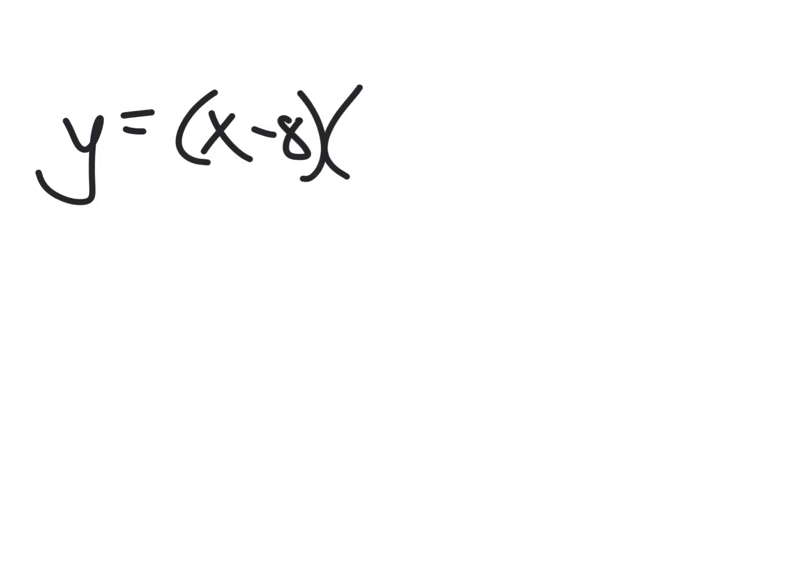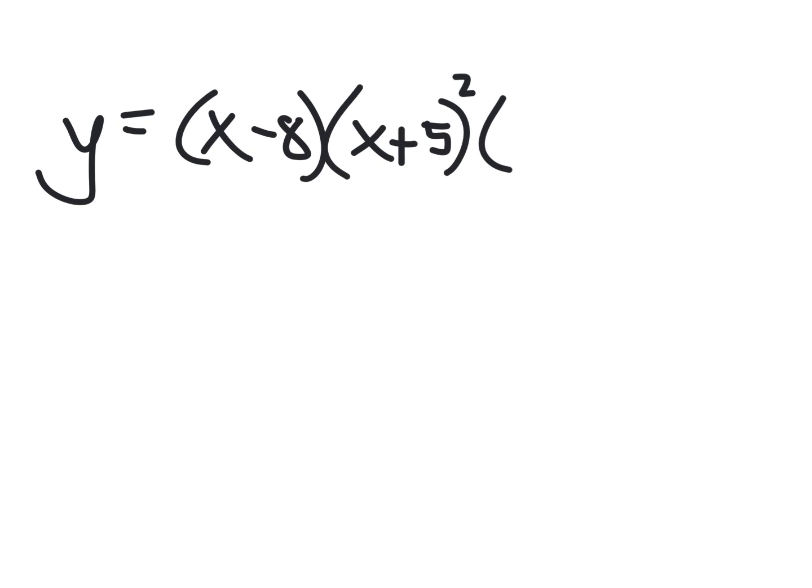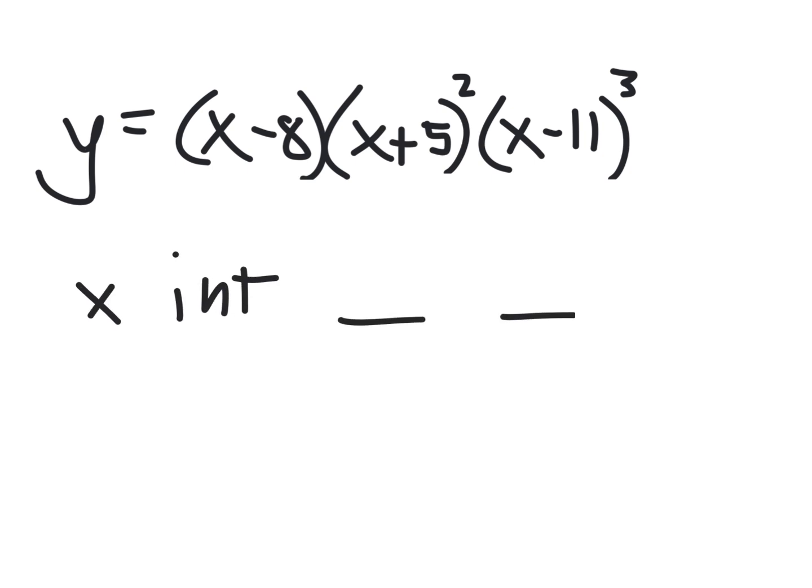All right, since I know more people got that wrong than anything else, I'm going to give you one more equation that's like that. X minus 8, that one's going to have nothing on there. X plus 5, that's going to be squared. And then x minus 11, that's going to be to the third. What are the x-intercepts? What are the multiplicities?